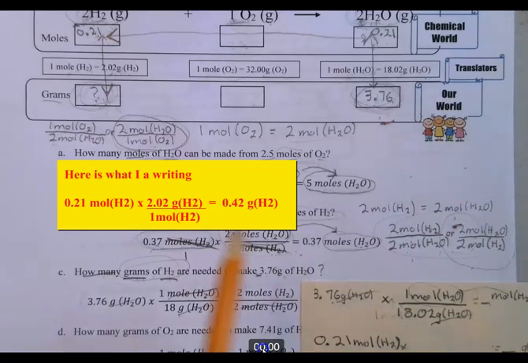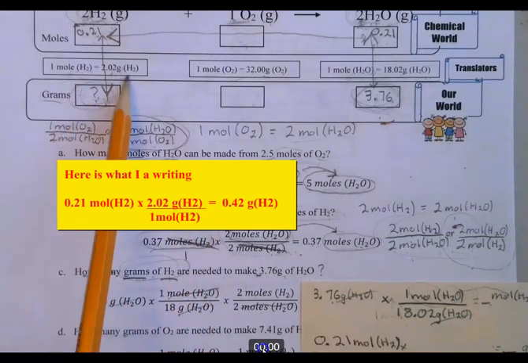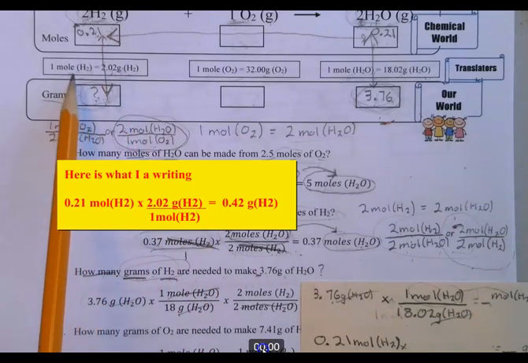So I have this conversion right here, so I can either write that, see if you can do this on your own. I can either write 1 mole of H2 for every 2.02 grams of H2. Okay? That's this right here. Or I can put the other one on top.